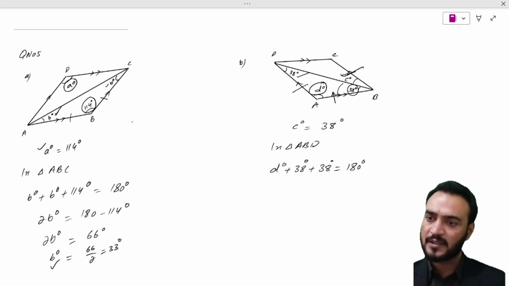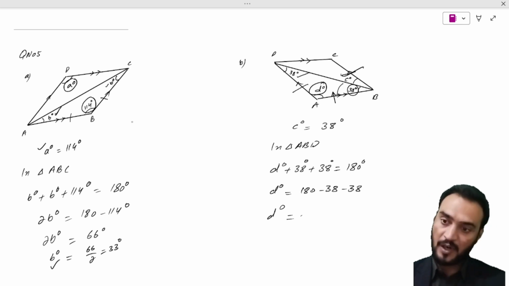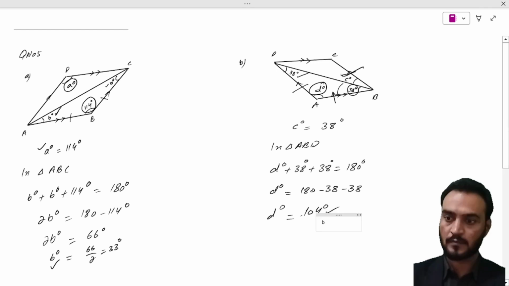We subtract these two angles from 180 degrees to get the value of d degree, that is 180 minus 38 minus 38, and the value of d degree is equal to 104 degrees. This was part B in question number 5.